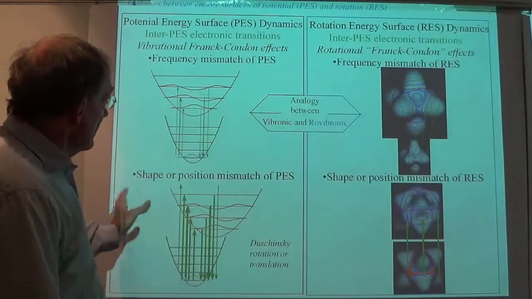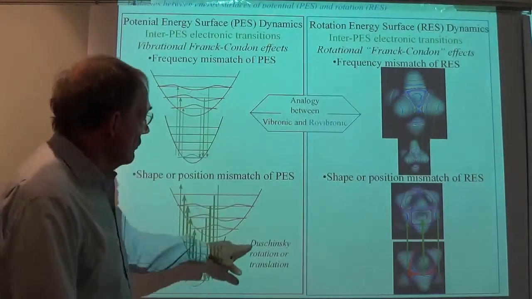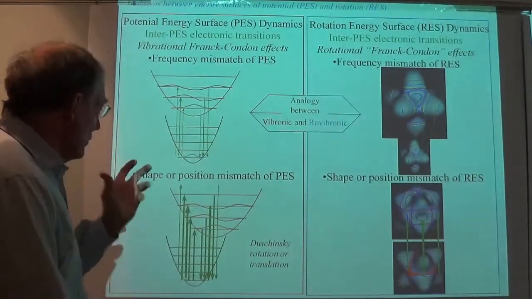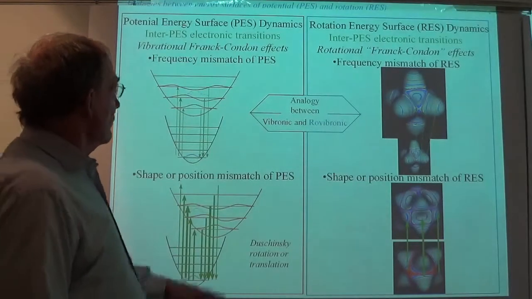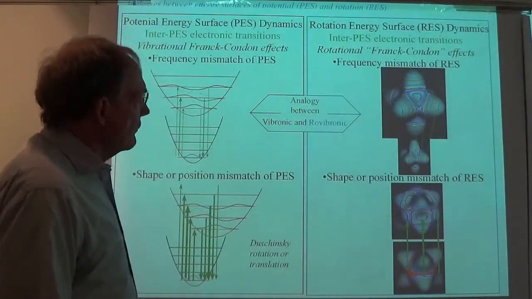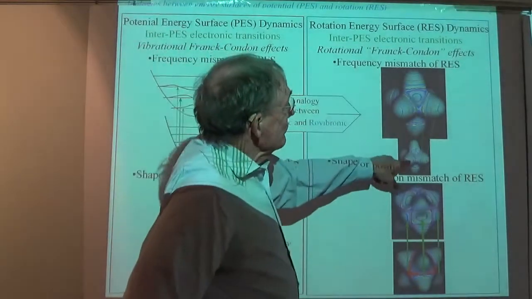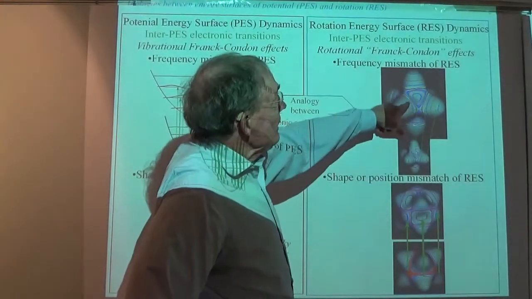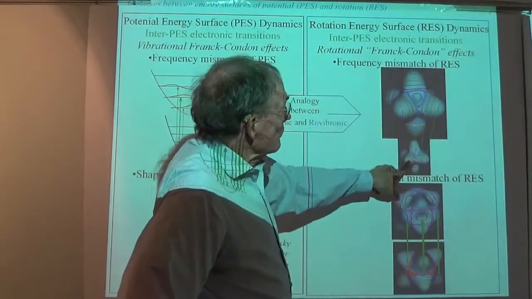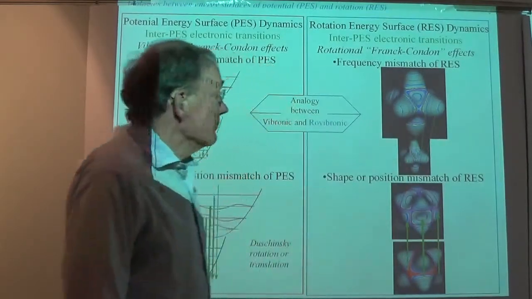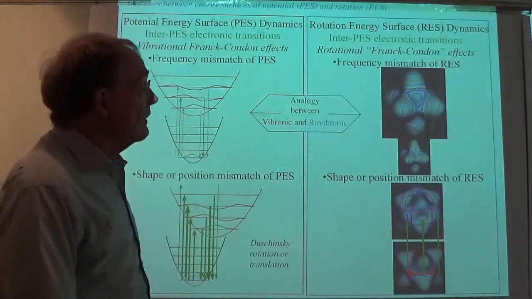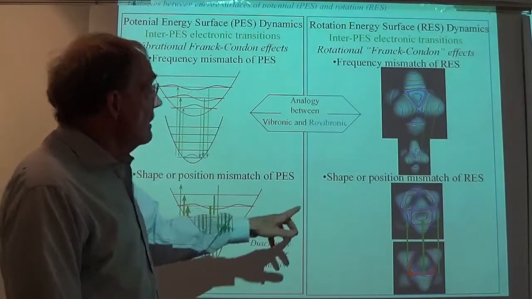If it's off-center or rotated, it's called Duschinsky if it's rotated, but Franck-Condon still has his name on the translated. Ours is the same way. We can have a rotational energy surface down here, make transitions to a higher one, low J, high J, typically differing by 1 if you want a dipole transition.